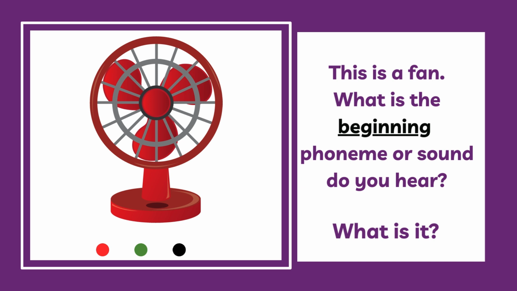Touch your elbow, say ah. Touch your finger, say n. One more time. F, ah, n. So what's the first sound do you hear in fan? Which one? Is it the red dot? Is it the green dot? Or is it the black dot?